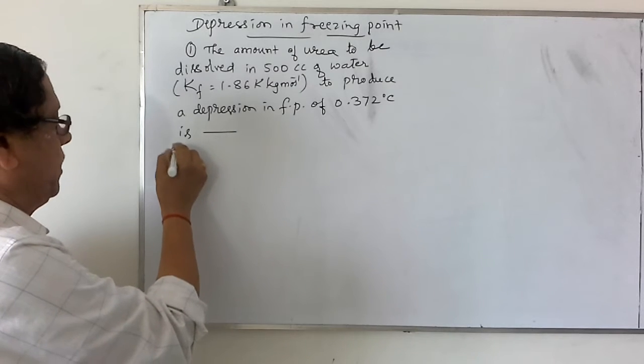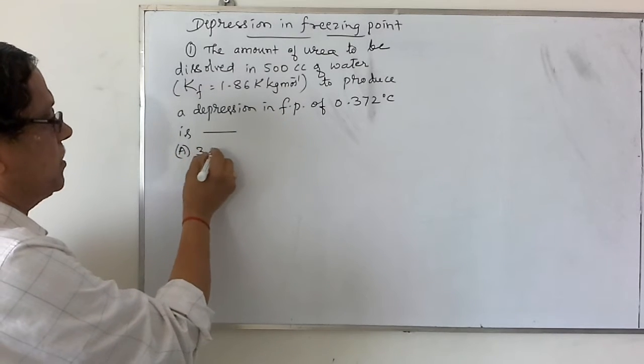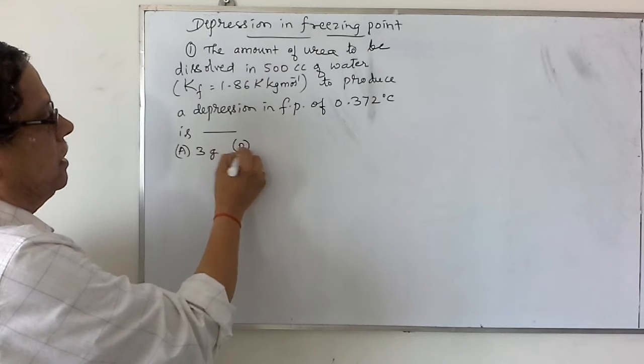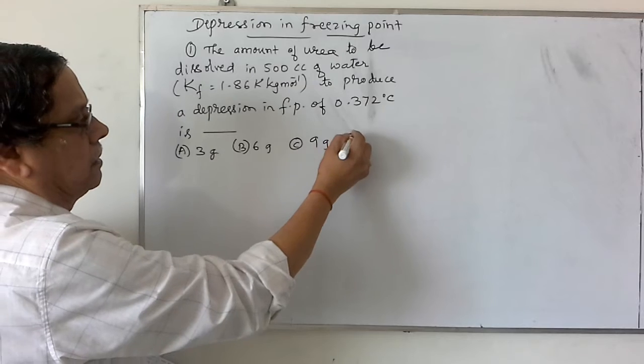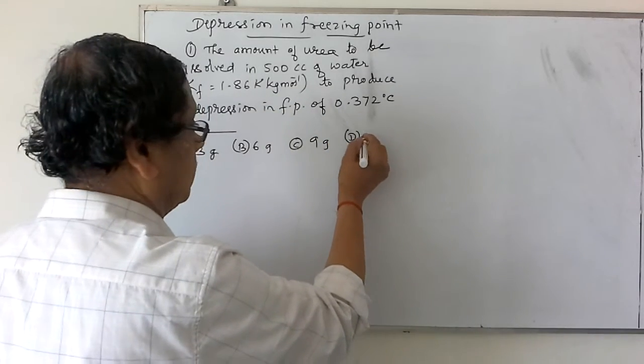So the options given are A 3 grams, B 6 grams, C 9 grams, D 0.3 gram.